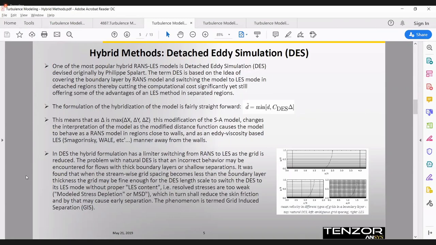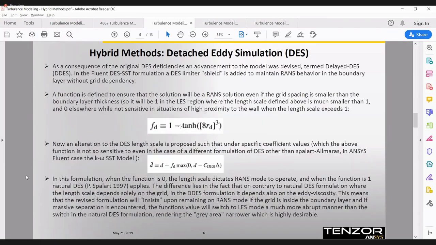When we move from a Reynolds averaged Navier-Stokes area to a zone of large eddy simulation, we need some synthetic means to get a turbulent content, and this is a problem.